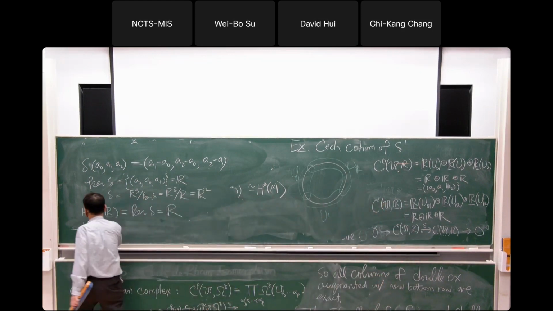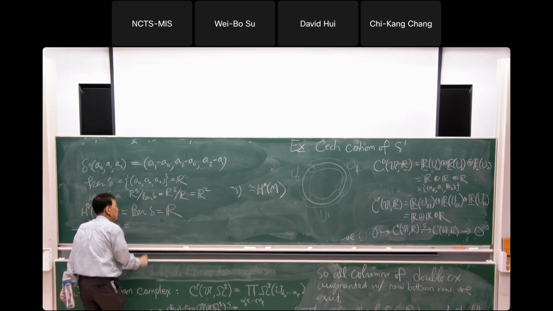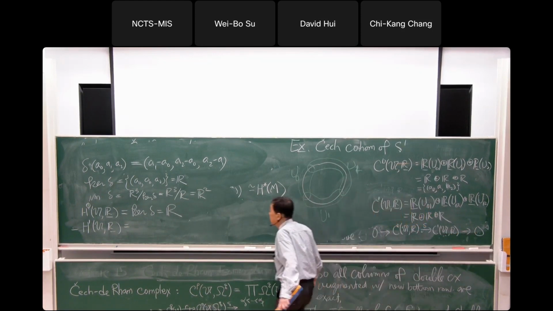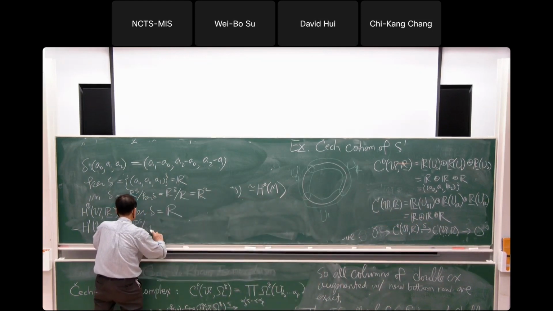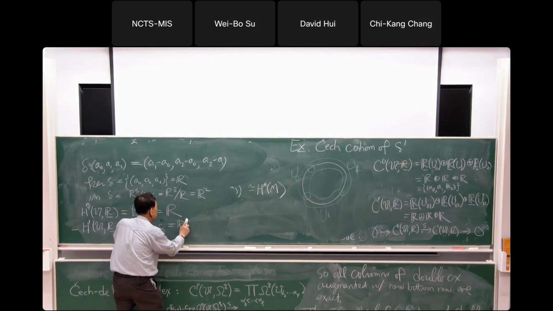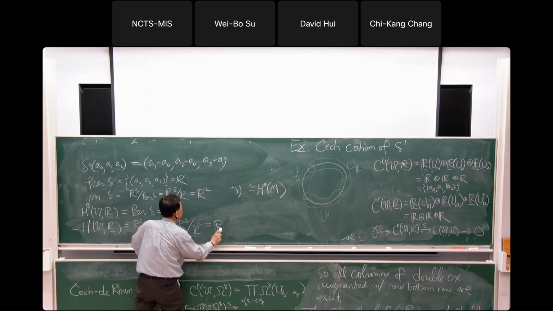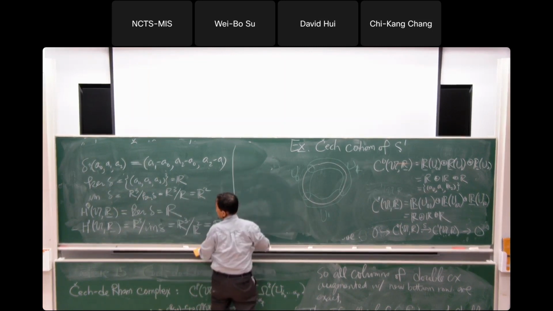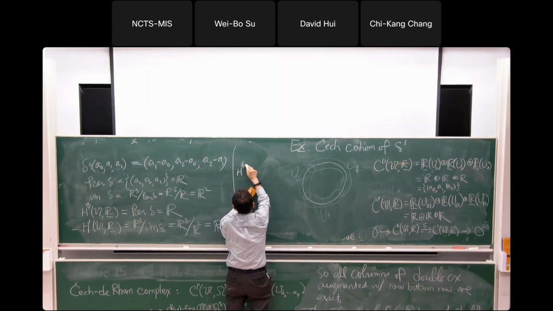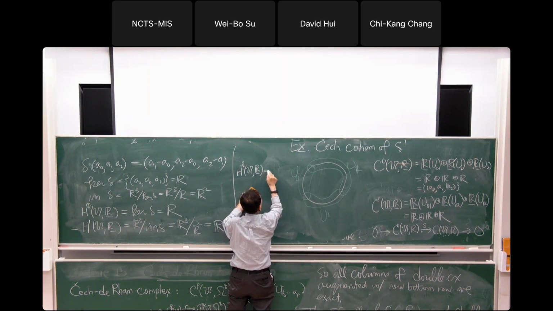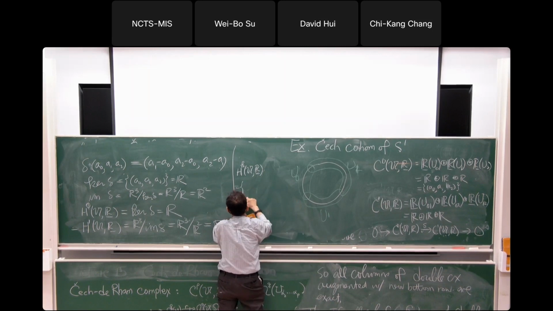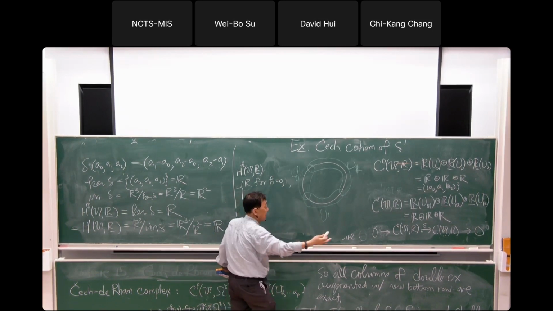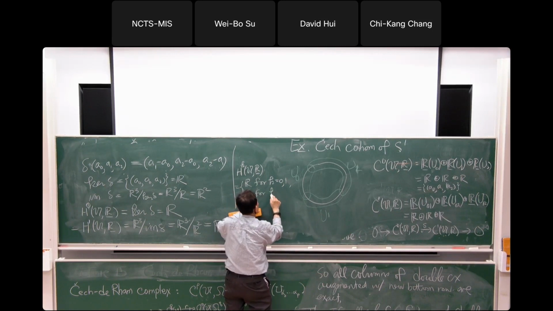And H1 would be the kernel of the next delta, which is 0, so that's everything, R3, over the image of delta, and that's R3 over R2, and that's R. And so what you get is that H^k of the open cover is R for k equal to 0, 1, and then after that there's nothing, so 0 for k greater than 1.